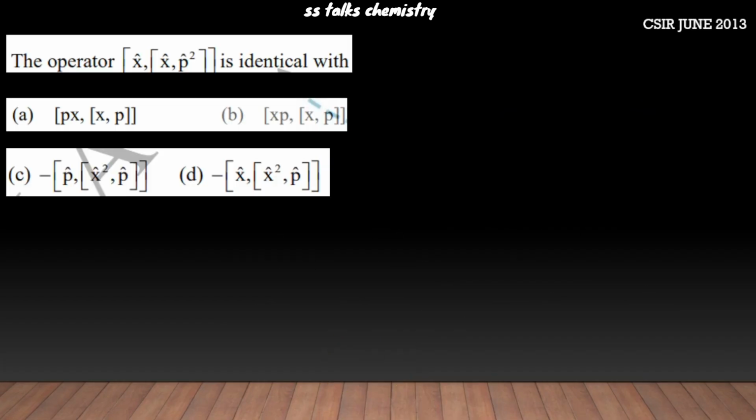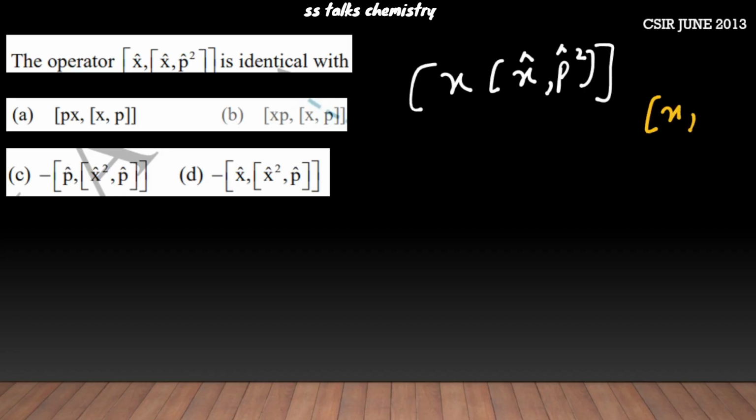Okay. Next, this question. The operator value which is given is the commutator of x and px squared, and this is commuting with x, then it is identical to. So for the given commutator, we have seen that the commutator of x and px^n is n px^(n-1) into iota h cut. This is the property we are using.